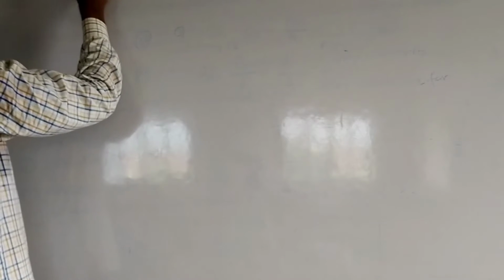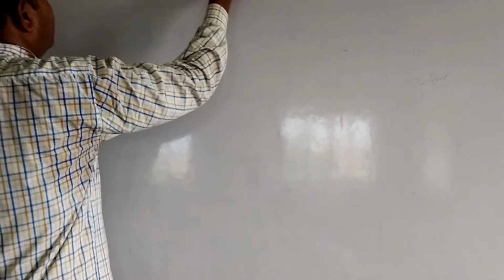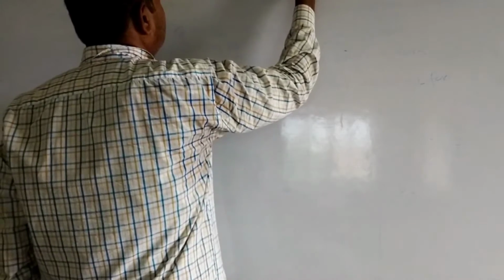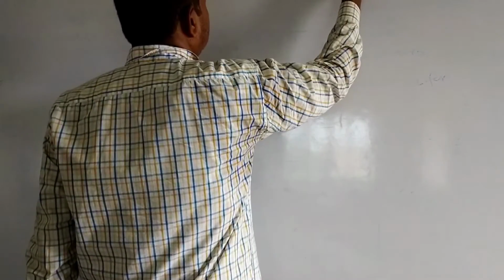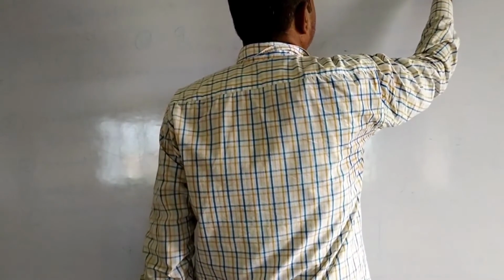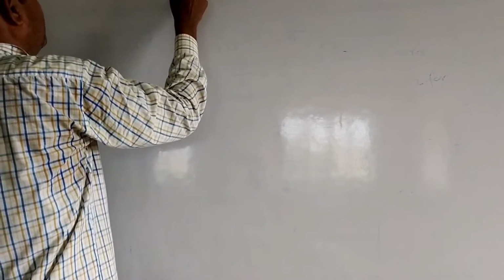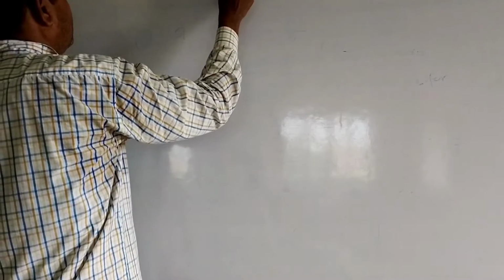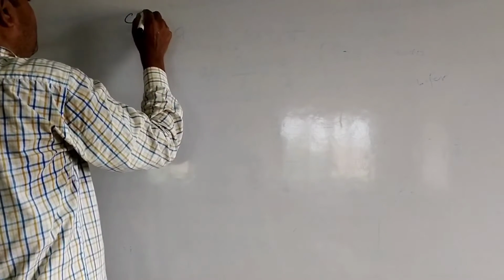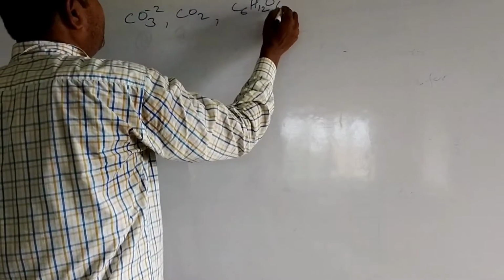Question. Calculate the oxidation number of carbon in the given molecule or ion: CO3 2-, CO2, C6H12O6 glucose.